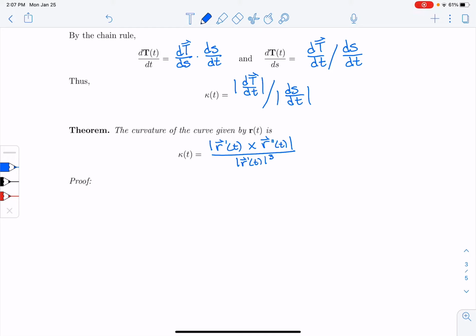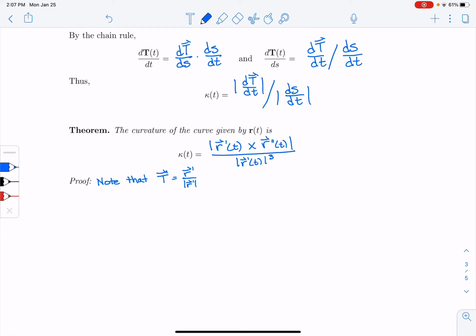Okay, so let's start. First, let's note that the tangent vector was defined as r prime divided by the magnitude of r prime.